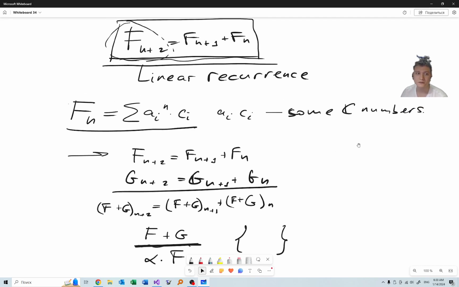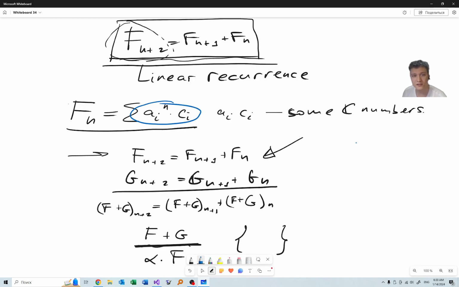So you're interested in the set of all possible sequences, and since this space is linear, you just want to find a basis. It's natural to consider such numbers as a basis because, firstly, they are linearly independent.